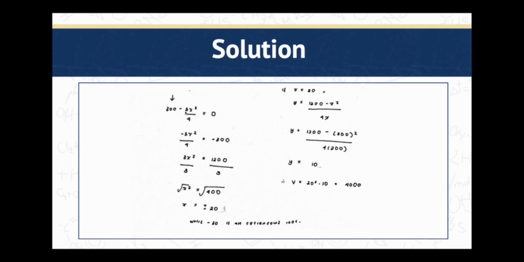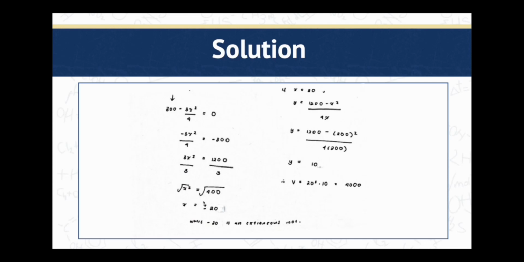If you may recall, the next step would be to equate the first derivative to 0 and solve for the critical points. So we will be equating 300 minus 3x squared over 4 to 0, and we're going to move 300 to the right-hand side. That would give us negative 3x squared over 4 equal to negative 300, and multiplying both sides by 4 will give us 3x squared equal to 1,200. Dividing both sides by 3 will give us x squared equal to 400.